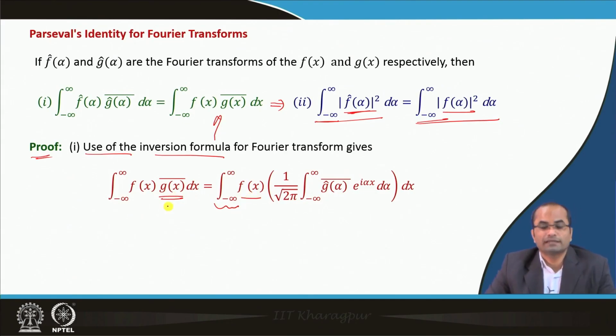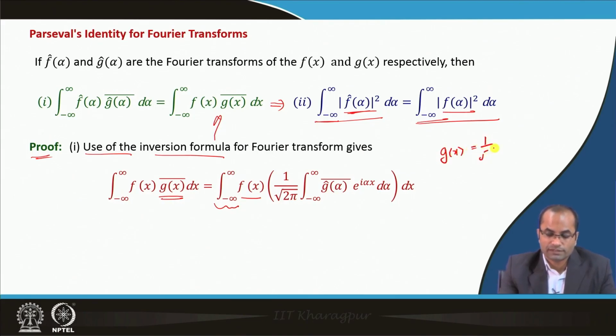For g we write the inversion formula: for g(x), the inverse Fourier transform says that this will be 1 over 2 pi, integral from minus infinity to plus infinity of g hat, and exponential i alpha x with negative sign.